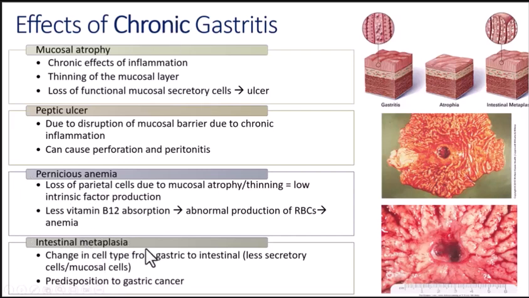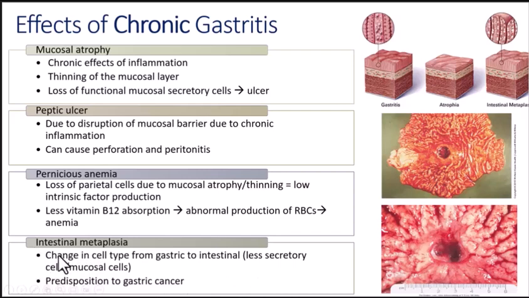And metaplasia. Remember, metaplasia is a change in cell type. So we're changing cells from the normal stomach cells to a different cell type to better withstand the environment, as we know occurs when a cell needs to adapt to a different environment. So what happens is intestinal metaplasia.